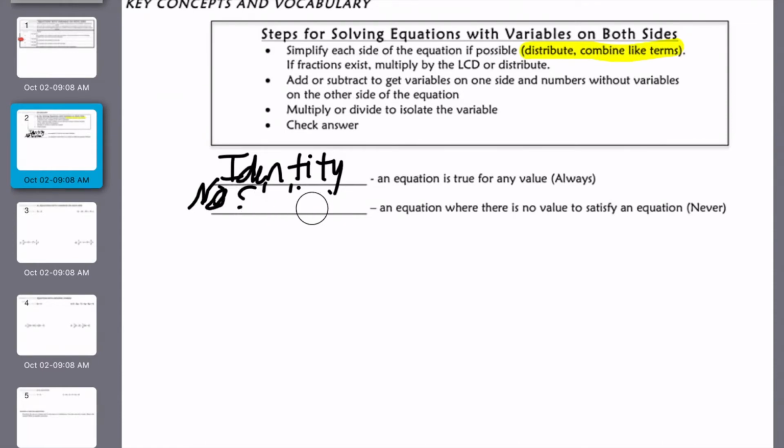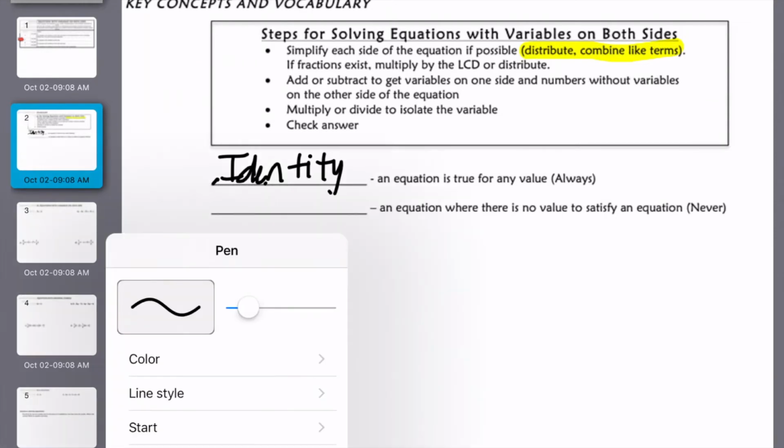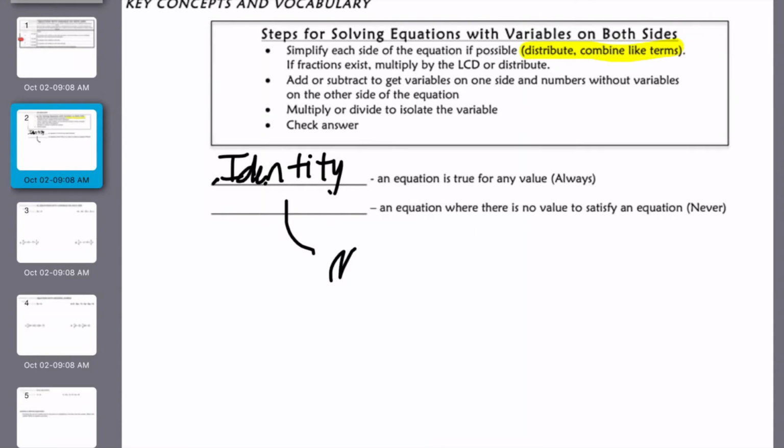Let me rewrite that so it's a little bit easier to see. No solution. Okay, let's try solving some problems.